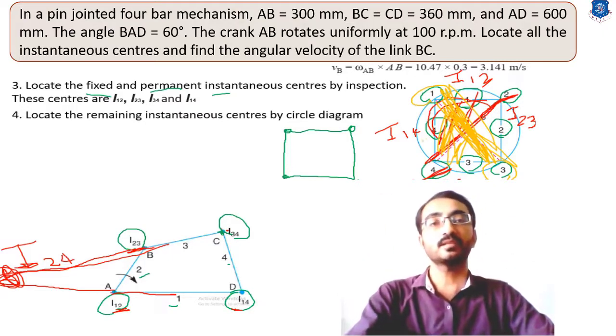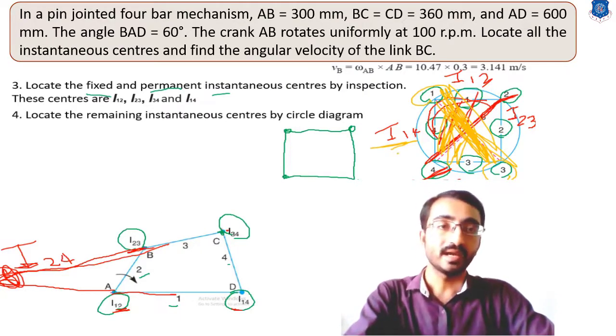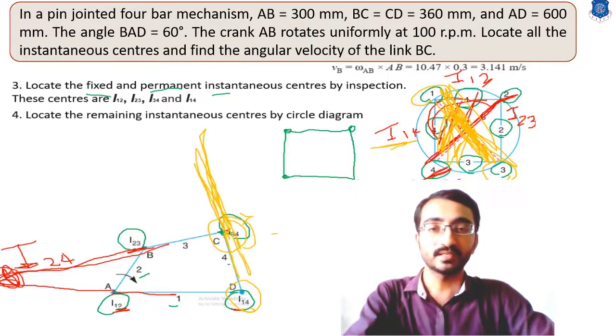For the first, the bottom one, we can say I14 and I34. So let's connect I14 and I34. In this diagram I14 is at the bottom point, and the second one is I34, that is this point. So I14 and I34 will give us the extension like this.